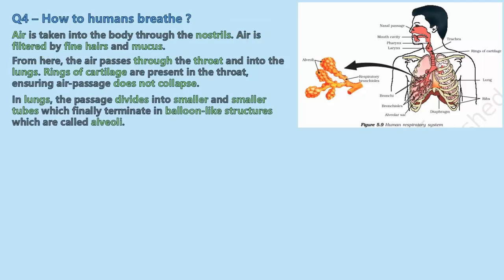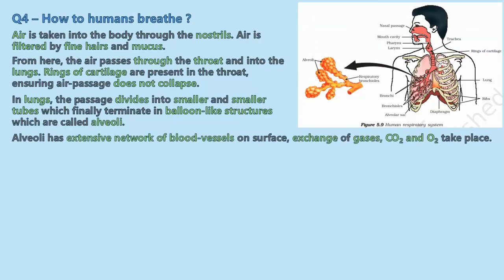In the lungs, the passage divides into smaller and smaller tubes, finally terminating in balloon-like structures called alveoli, A-L-V-E-O-L-I. Alveoli has an extensive network of blood vessels on the surface, and the exchange of gases CO2 and O2 takes place. So what happens? The blood containing carbon dioxide dissolved in it is pumped into the lungs, and due to diffusion, this CO2 comes out of the blood and goes into the lungs and is breathed out.